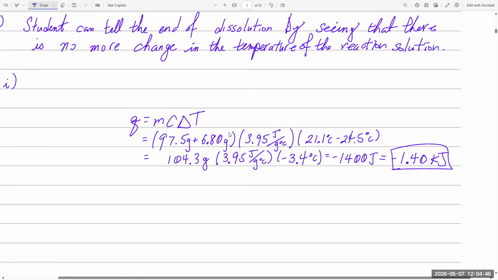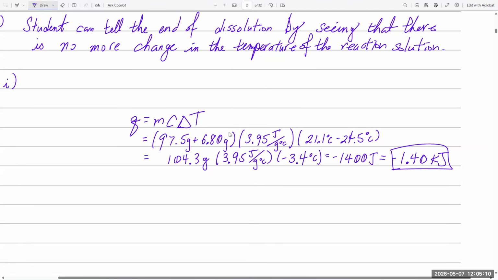All right, so sig figs says 3 sig figs, 0.0912 is the number of moles of KCl that has reacted, right? Am I doing this right? 6.80 divided by 74.55. Is that correct? Yes. All right, so now what?